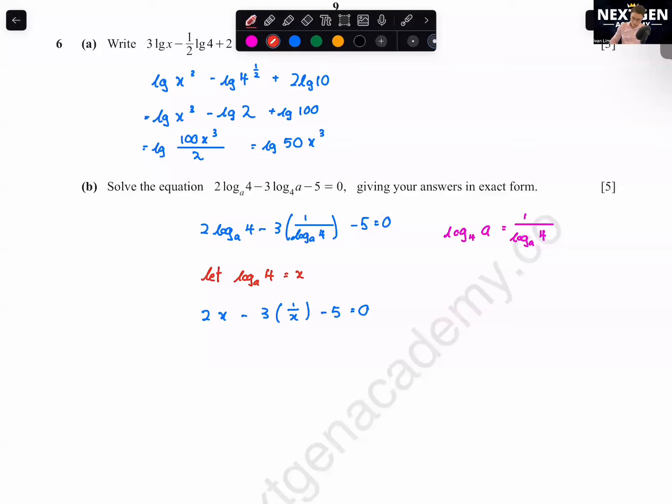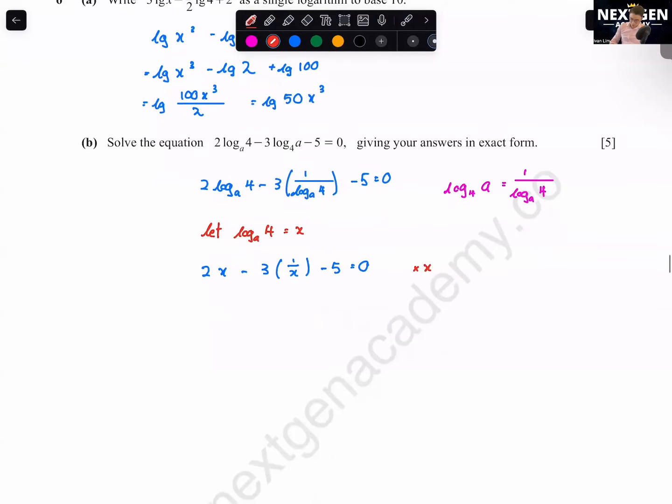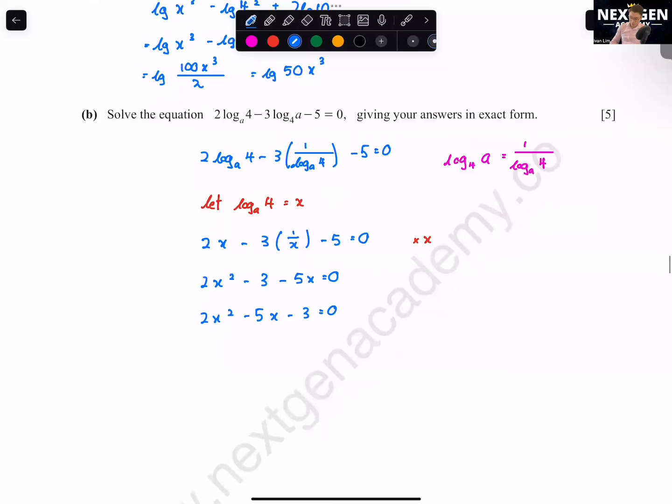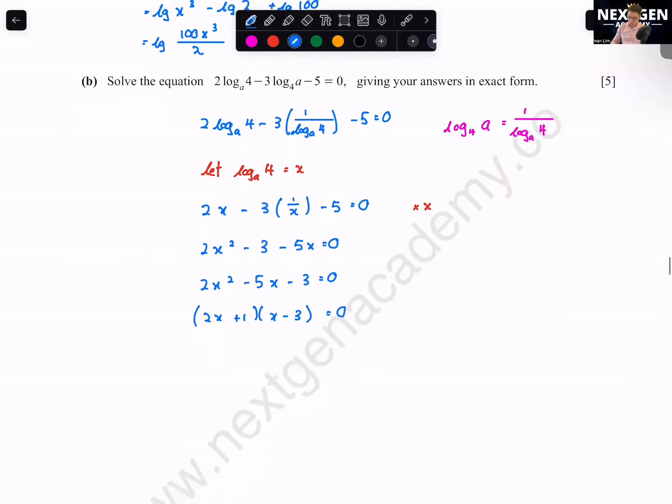This will become a quadratic equation. I'm going to multiply the whole equation by x. So here will become 2x squared minus 3 minus 5x equals 0. 2x squared minus 5x minus 3 equals 0. Factorize it, you get (2x plus 1)(x minus 3) equals 0.